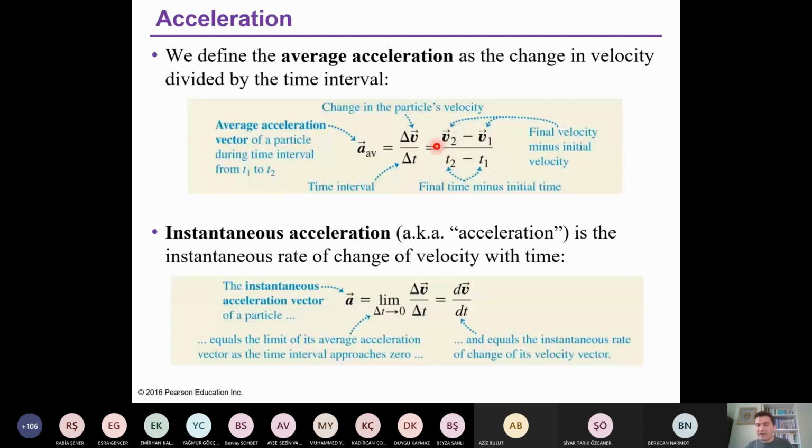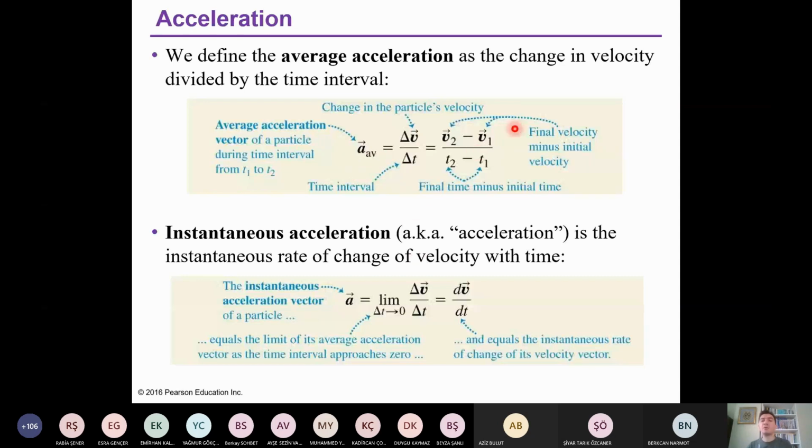Let's consider that v2 is equal to v1, both in terms of direction and magnitude. Then this will be 0, then the acceleration will be 0. If the velocity is constant, if the direction of the velocity does not change, then acceleration will be 0. There will be no acceleration. In order to have acceleration, we need a change in the velocity.